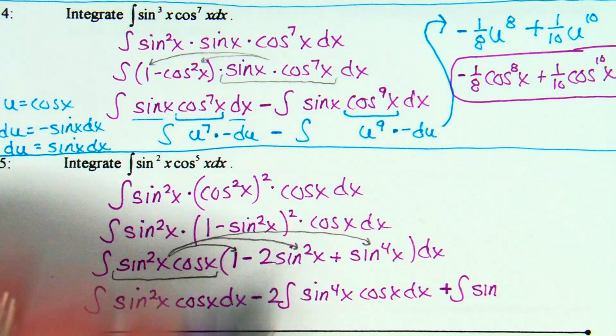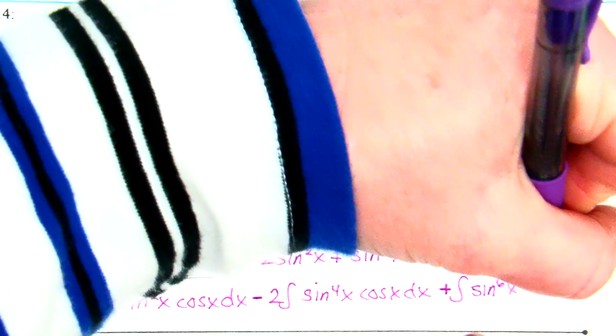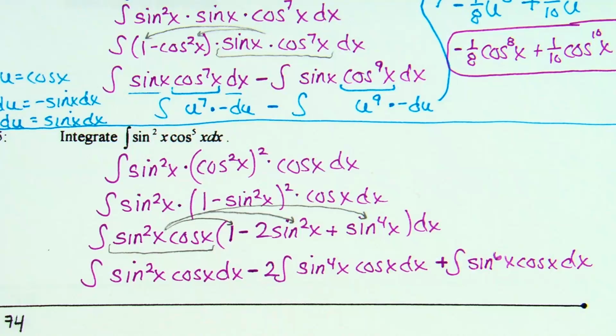Okay, almost there. Notice the consistent setup. They are all sine to some power, right? With a single cosine x dx left over. Some of you can probably write your answer from right here. Go for it. That's fine.